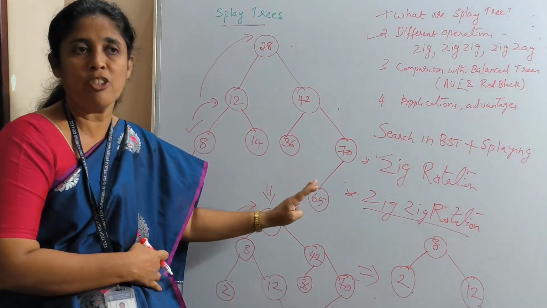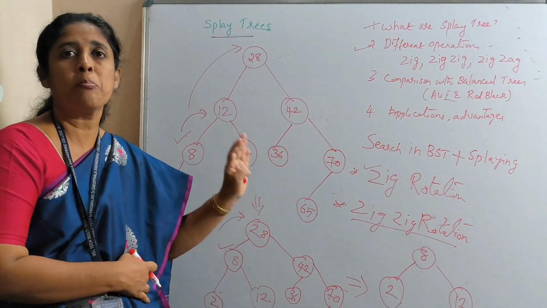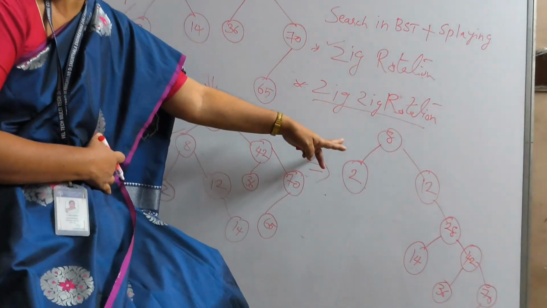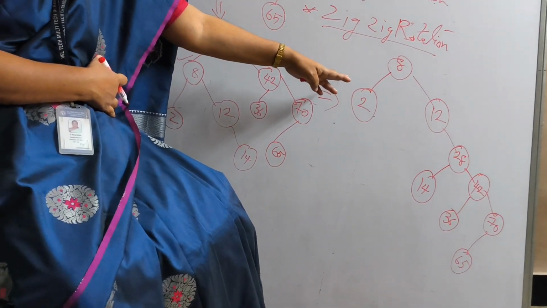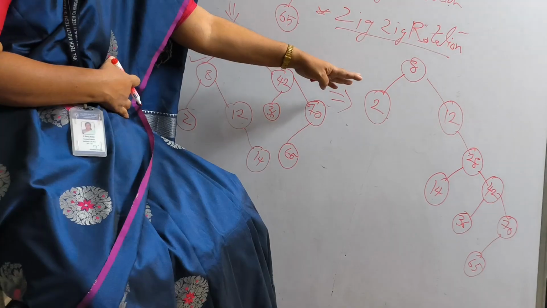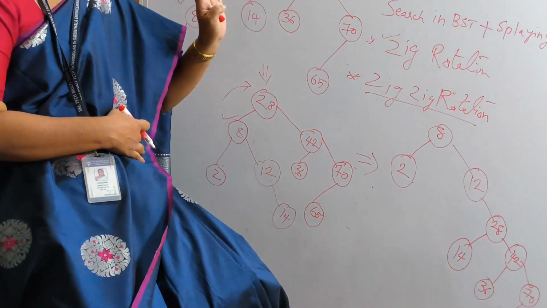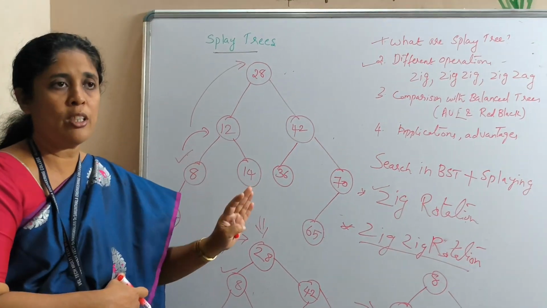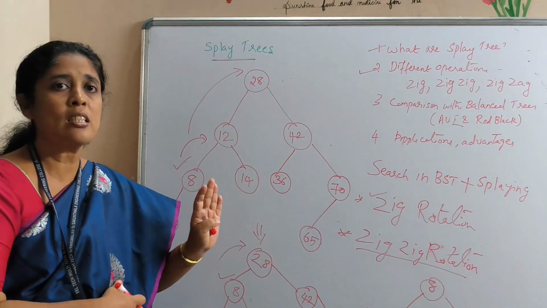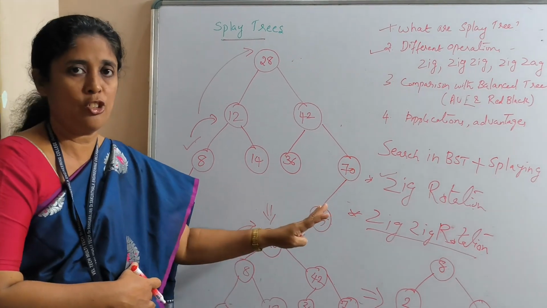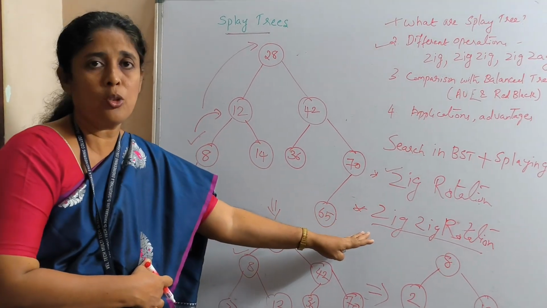That is what splay trees are. They are not balanced binary search trees. When we see here, the balance factor of 8 is more than 1, so that cannot be there for a balanced binary search tree. Balanced binary search trees are different and splay trees are different. Splay trees are always binary search trees, but they are not balanced binary search trees. So this is about zigzag rotation.